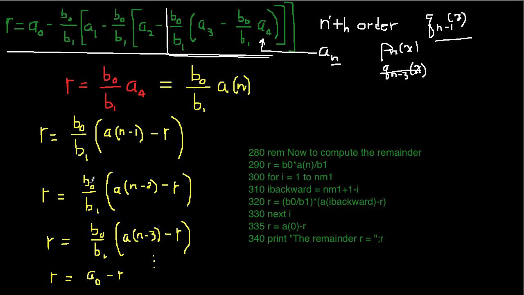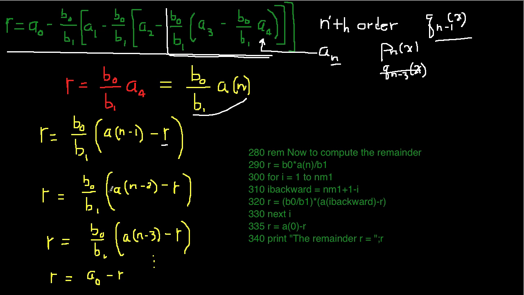And this is going to be b sub 0 divided by b1 times a sub n minus 1, because here we see that 3 is one integer lower than 4. So a sub n minus 1, and then minus my previous estimate for r, which was this term right here. So I have minus r. Remember, the first estimate for r was this, so this is minus r.